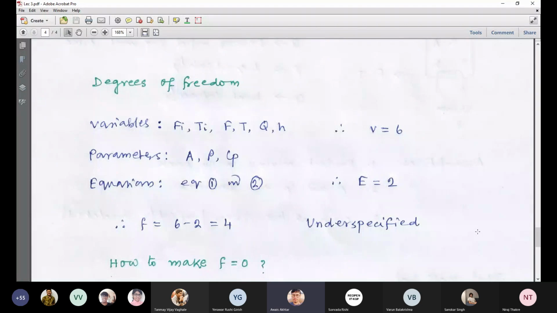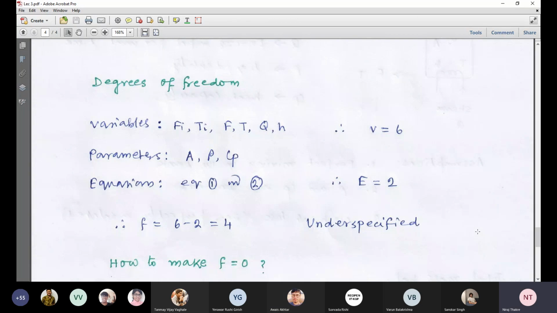So we can get more equations. Yeah, how can we get more equations? We have discussed this in example 1, the liquid tank system, in the last class.